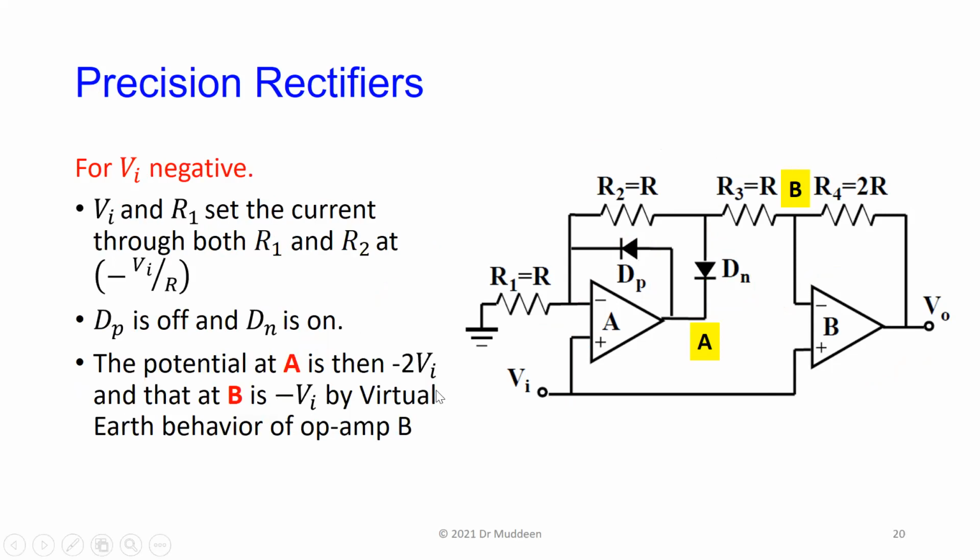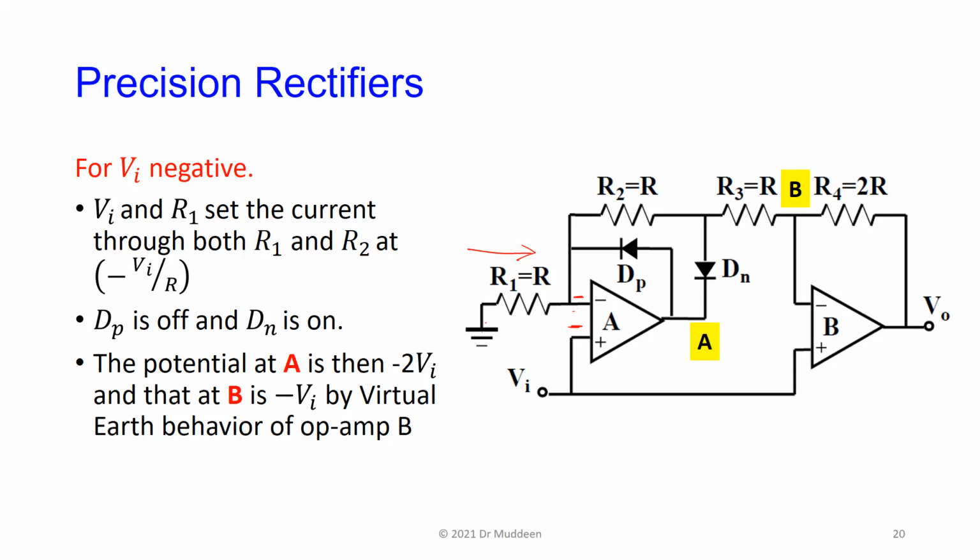When V in is negative, we put a negative voltage here. So we have negative voltage here. If here is positive, or rather ground, and here is negative, we're going to have a current flowing here.